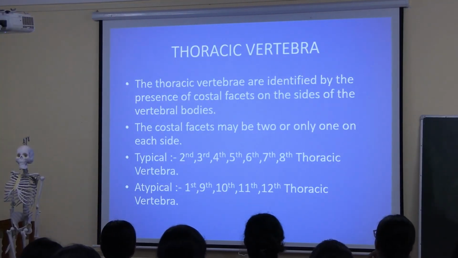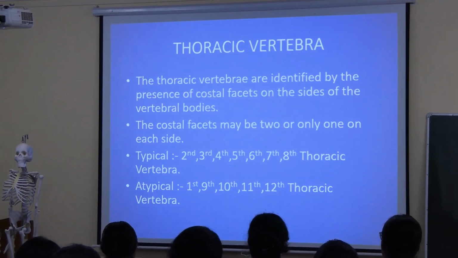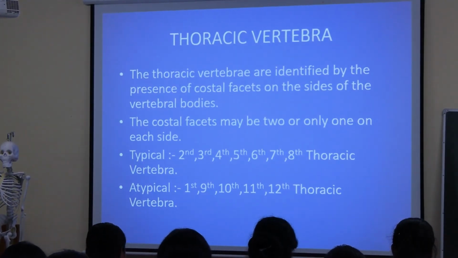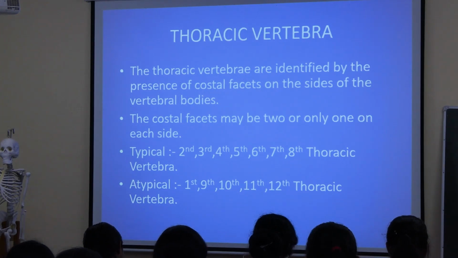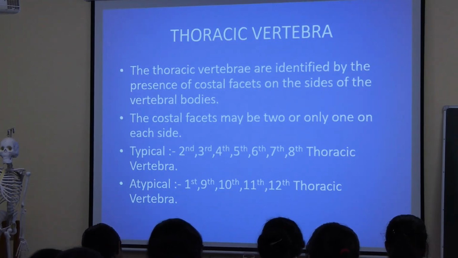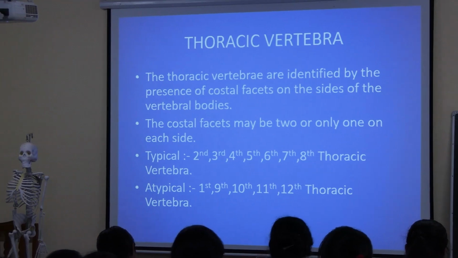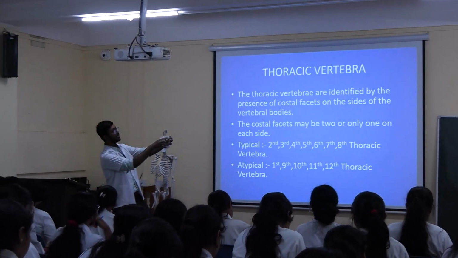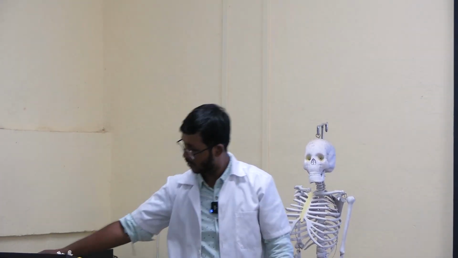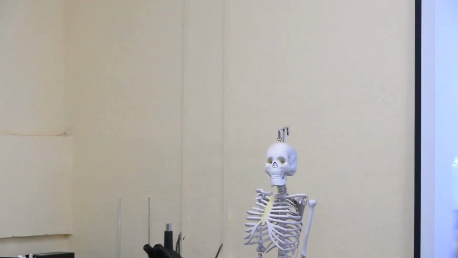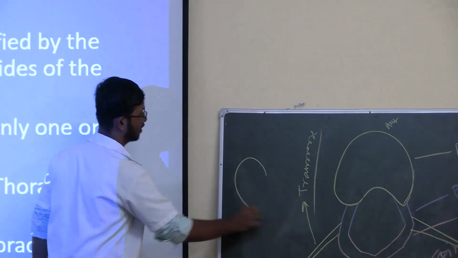Now coming to the thoracic vertebra proper. Our thoracic vertebrae are of two types, typical vertebra and atypical vertebra. How to identify a thoracic vertebra? By seeing the body. The body of a thoracic vertebra is like the shape of a heart. Not our anatomical heart, but this heart.